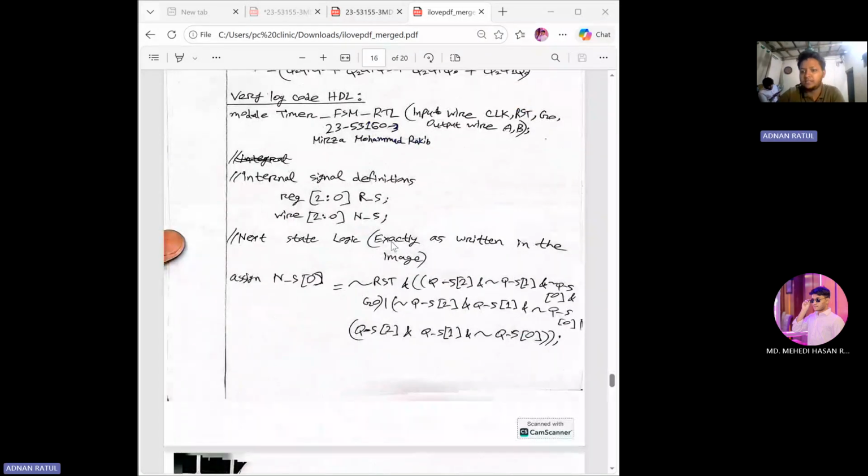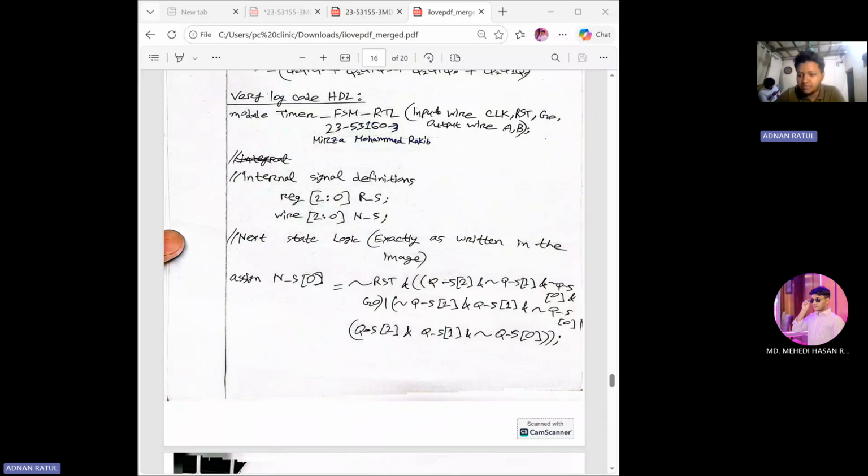Then the next step is to implement the assign statements for each bit of N, as equations derived directly from the Boolean sum of products terms I derived for the state table. For example, N0 catches combinations like Q2 and not Q1 and not Q0 and go.